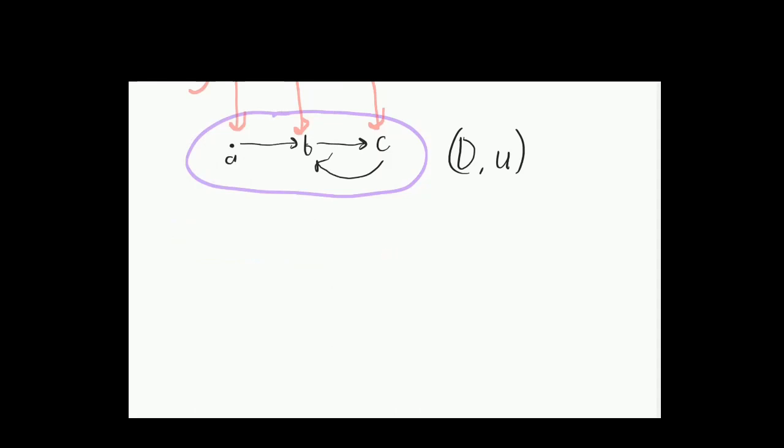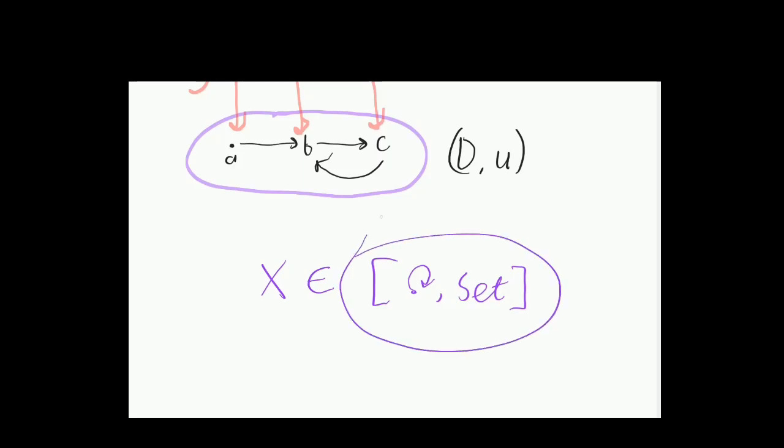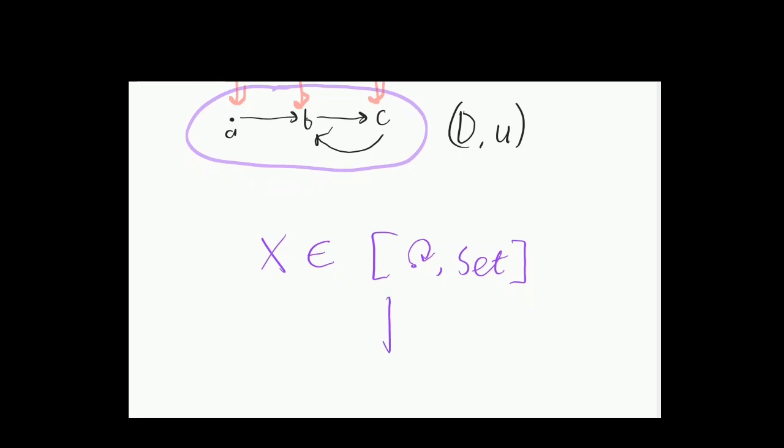So let me say this another way. Let's think about our category of dynamical systems. So I'll just write that in the full way like this. Now, let's suppose we have some dynamical system X, so some object in this category of dynamical systems. And we have this forgetful functor R, which sends dynamical systems to sets.